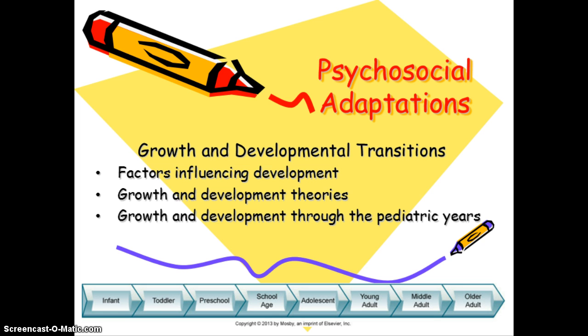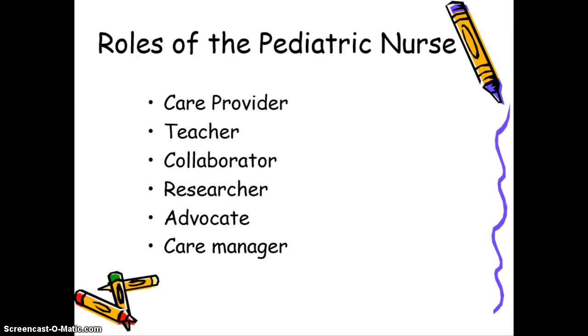Remember, human growth and development is organized and progressive, and typically it follows a very predictable sequence, but how each person transitions through those sequences is going to be very individualized. So the roles of the pediatric nurse we discussed a little bit in class, and we will talk a little bit more throughout the course of the next few slides.